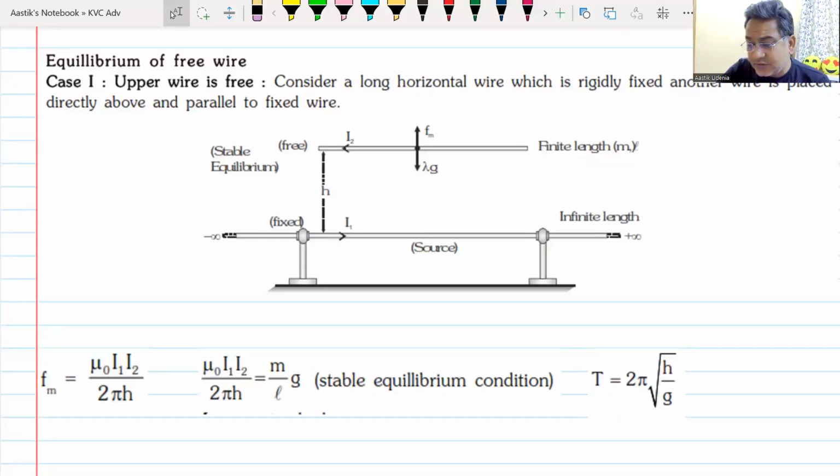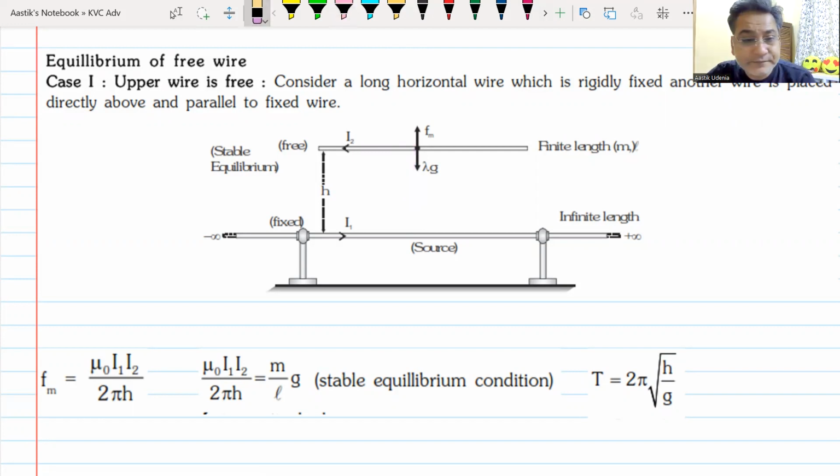Okay, then you can see this case, which is the case of equilibrium of a free wire. Here we have a fixed wire and a wire which is free. Because this wire is free, you have the gravitational force trying to pull the wire down.